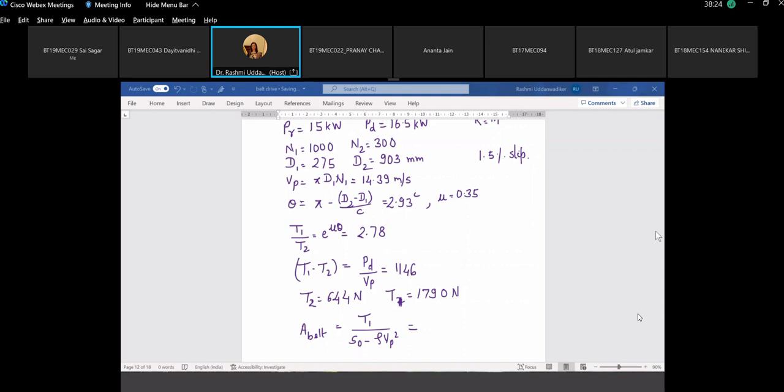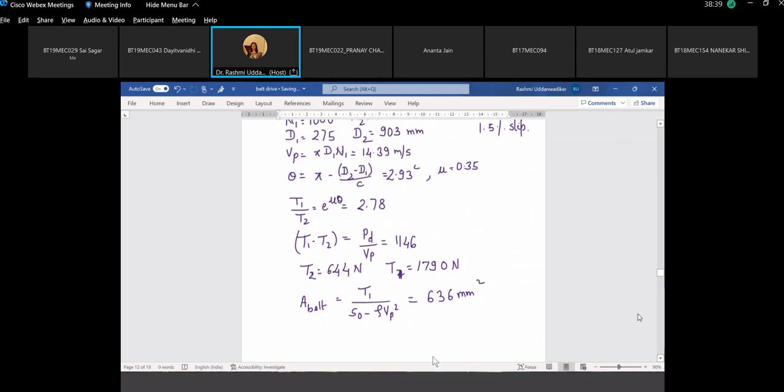Okay. So now thickness, if we assume 0.02 times D as given in the design data book, 0.02 times diameter. This is normally the value for the leather belts. Maximum value is 0.03. You can take any value in this range. So what is the thickness?